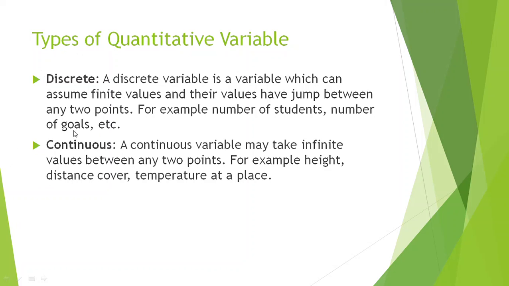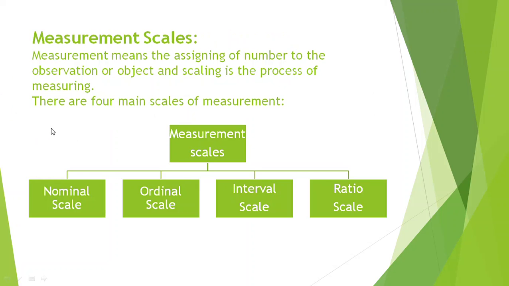And the variable which shows infinite points between two points is called a continuous variable. Anything which you measure, for example, height, distance, temperature, etc., anything that consists of decimal points, is called a continuous variable, and anything which you count is a discrete variable.